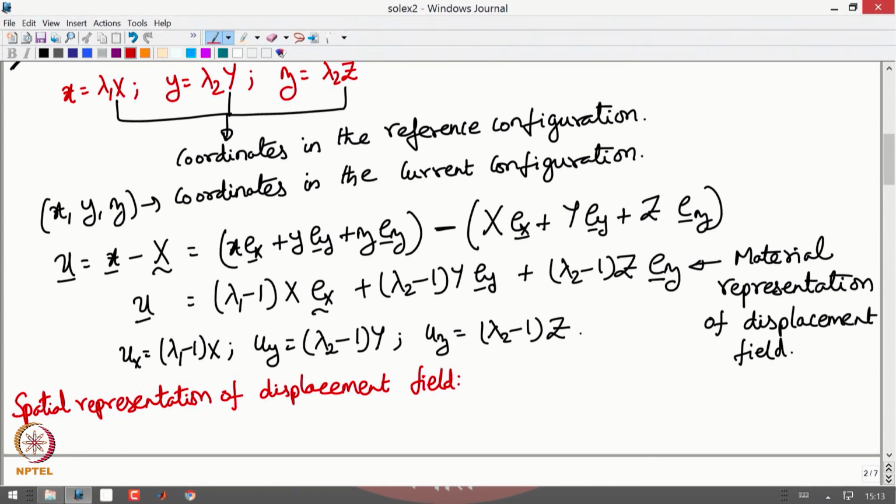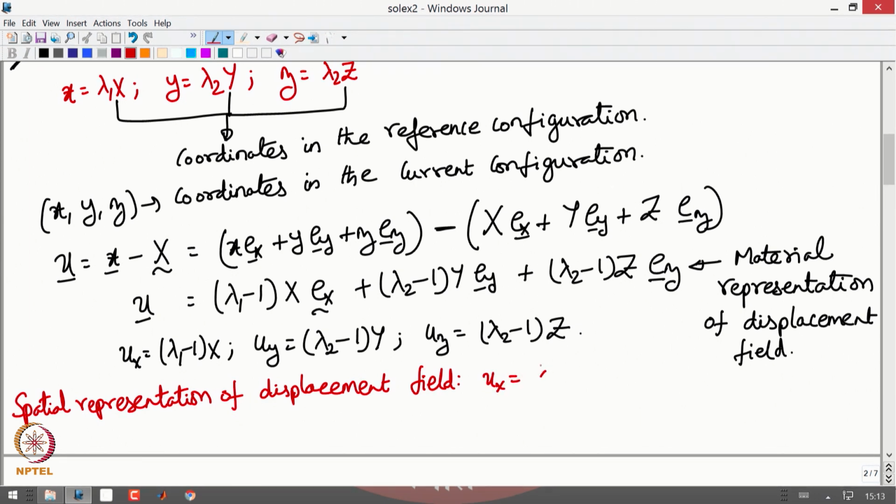You know the relationship between the coordinates in the reference and the current configuration is given by this equation, and you know the components u x, u y, u z in terms of the reference coordinates. So, you invert these equations to get the components of the displacement field represented in terms of the current coordinates.